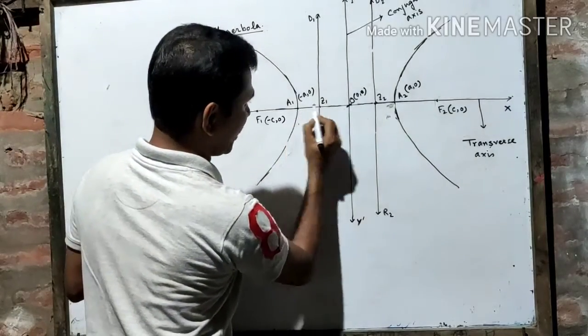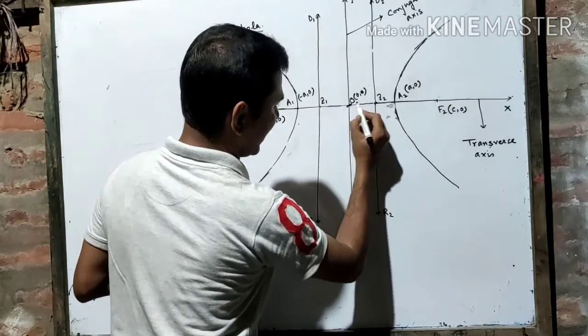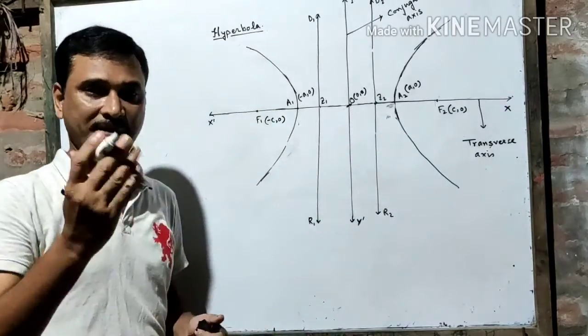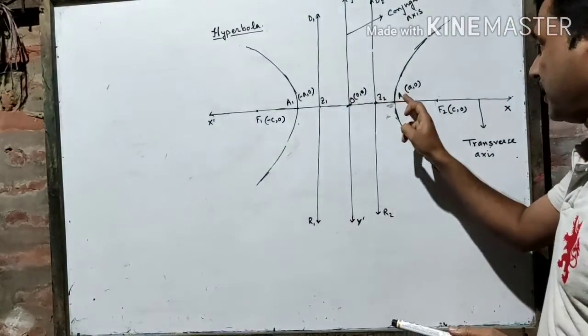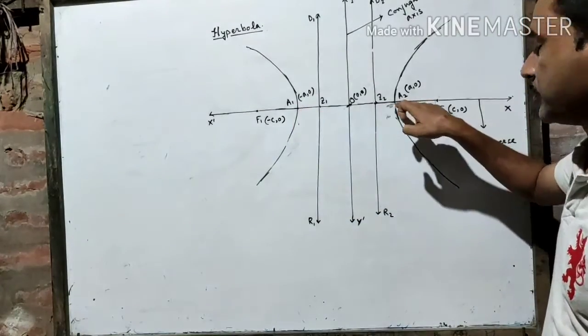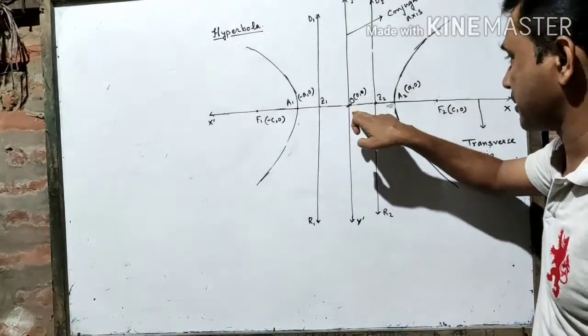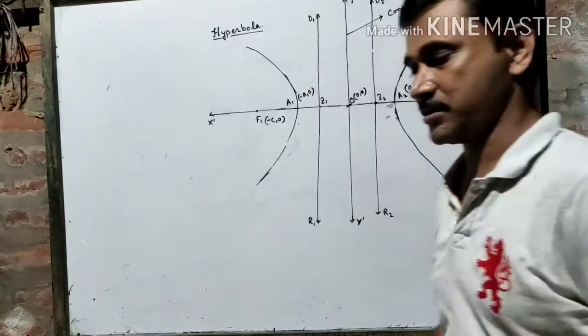This length from A1 to A2 is twice a, where a is the length of the semi-transverse axis. Semi means half. The length of the semi-transverse axis is a, either this part or that part. A1A2 is the transverse axis, and OA2 is the semi-transverse axis.